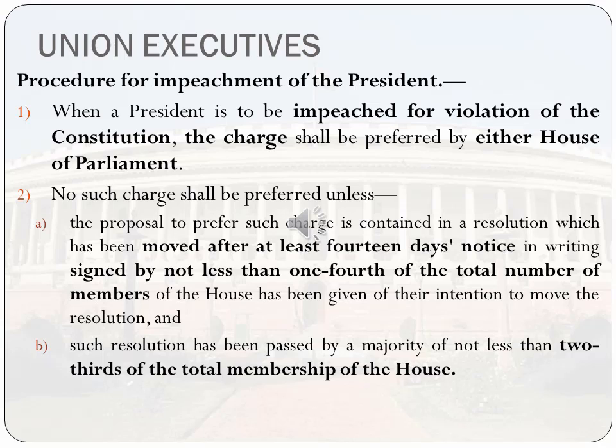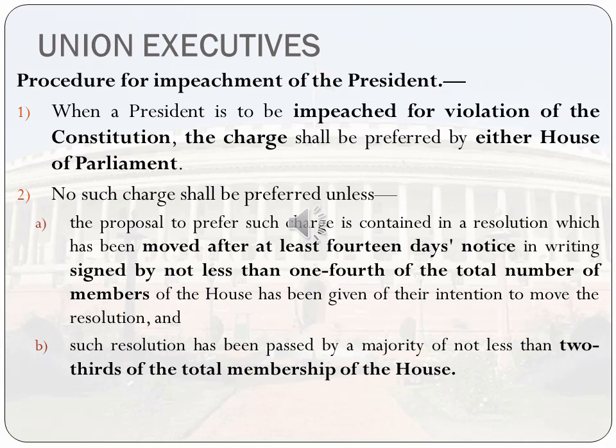The Constitution reads as below: when a president is to be impeached for violation of the Constitution, the charge shall be preferred by either house of the Parliament, and no such charge shall be preferred unless the proposal to prefer such charge is contained in a resolution which has been moved after at least 14 days notice in writing, signed by not less than one-fourth of the total number of members of the House, and has been given of their intention to move the resolution.